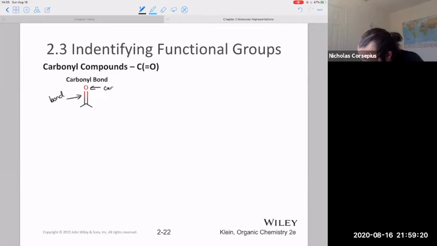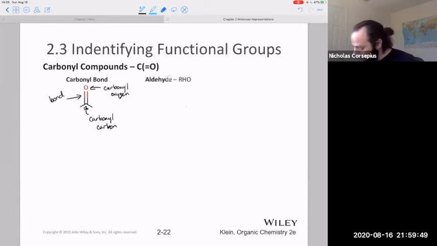This we would call a carbonyl oxygen. And here would be a carbonyl carbon. Okay, so this is a very important functional group in organic chemistry. Carbonyl, I'm referring specifically to that bond, and then there are many different functional groups that contain carbonyls.